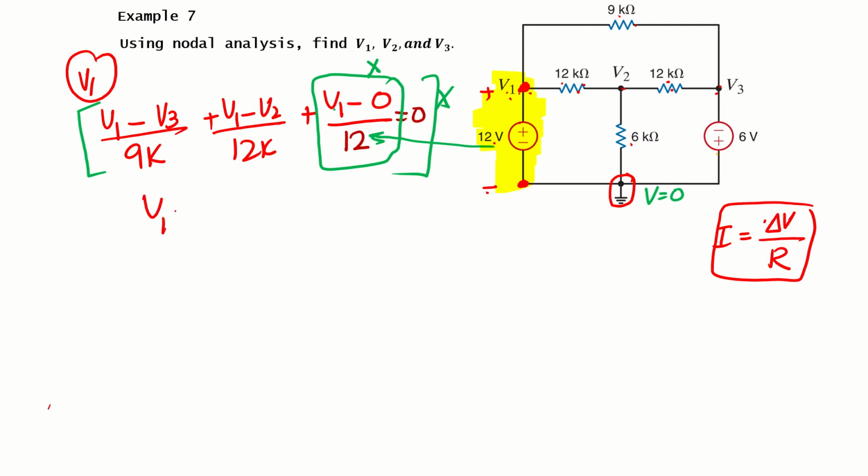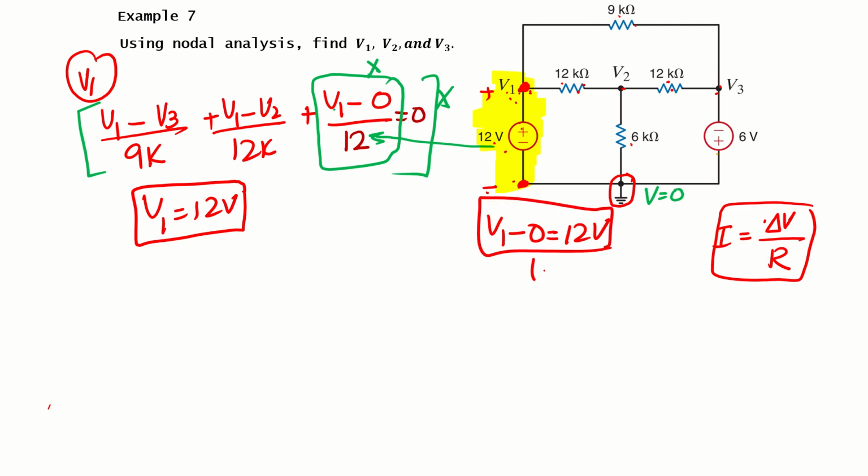The value of V1 can be found directly because this node is directly connected to the voltage source and the second node is the reference. So simply V1 is equal to 12 volt. We don't need to write a nodal equation for this node, because we can find the value of this voltage directly.